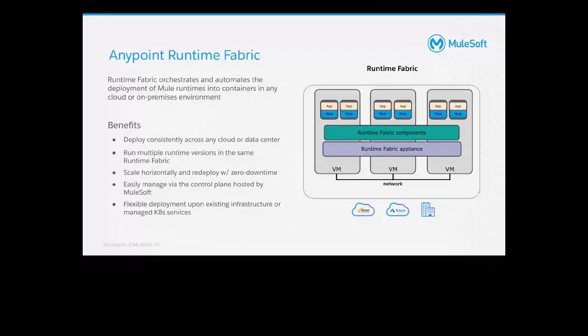In Runtime Fabric, that's not needed, because in Runtime Fabric, you can take a Mule 3.9 application and redeploy it as a Mule 4 application without having to change infrastructure or whatever, because you have the ability to run 3.9 and 4.3 side by side.